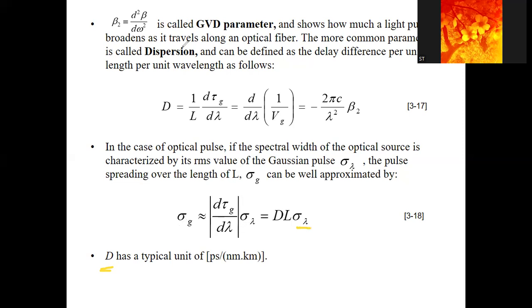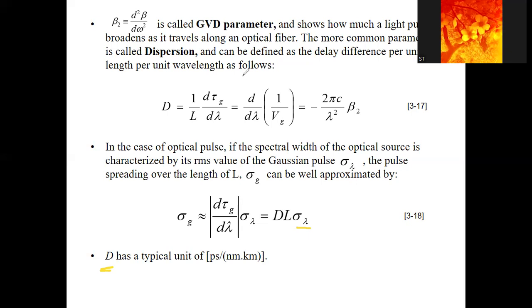So this is the formula to calculate the dispersion. This is also known as GVD because it depends on the group velocity; the reason behind this dispersion is the delay in the group velocity of optical signals.